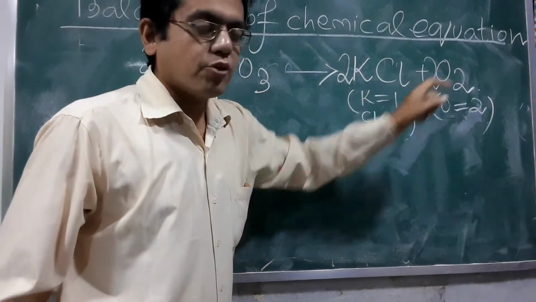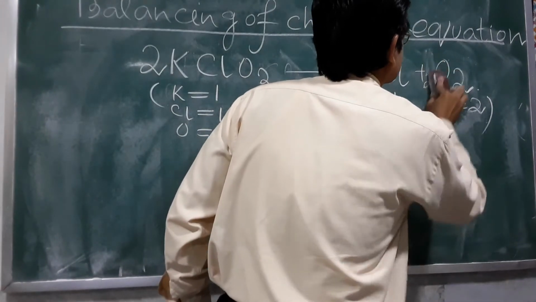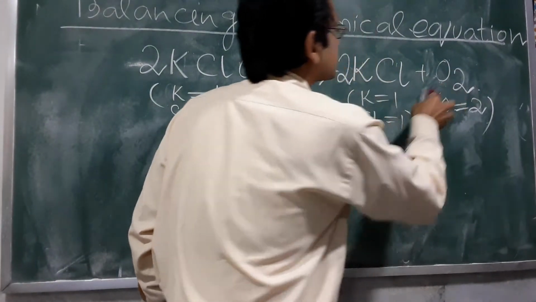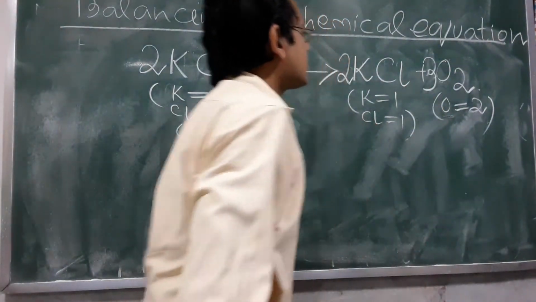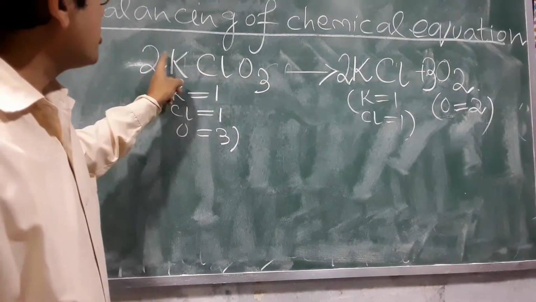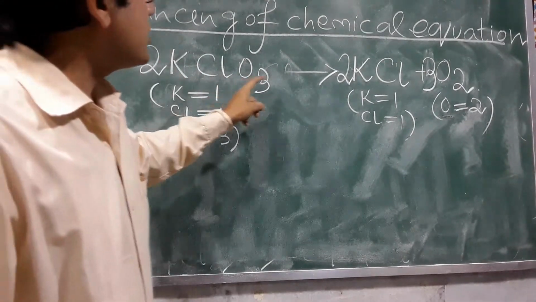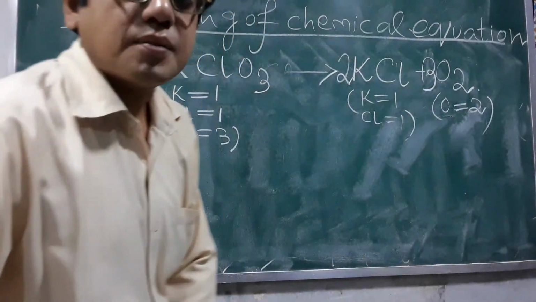Oxygen 2 into 2, 4. See, again start. Potassium 2, Cl2, oxygen 2 into 3, 6, oxygen 3 into 2, 6. Now it is balanced.